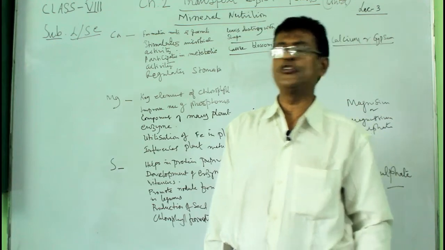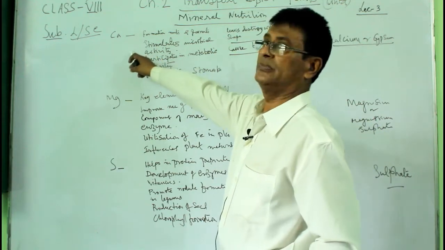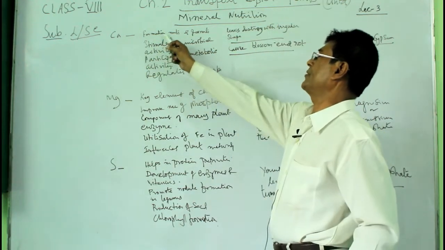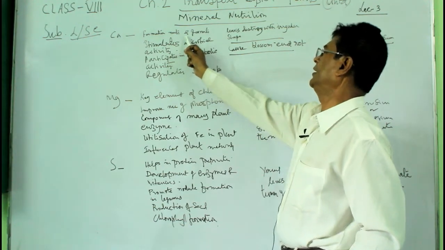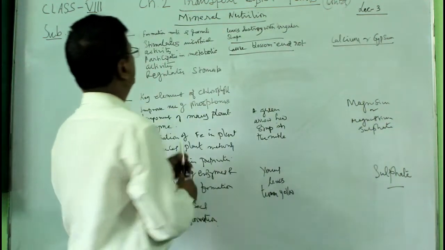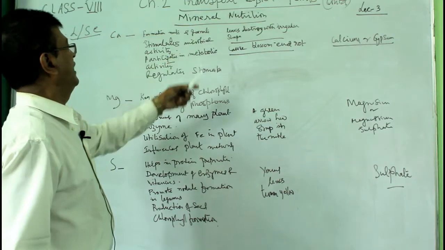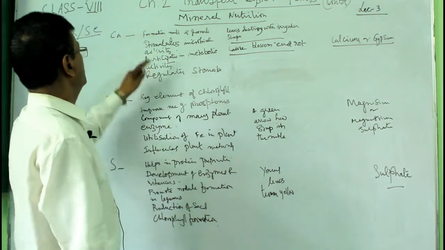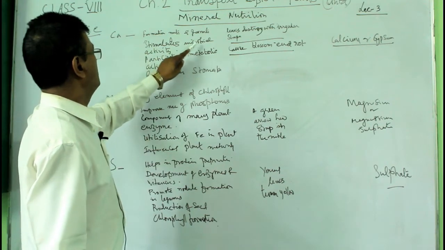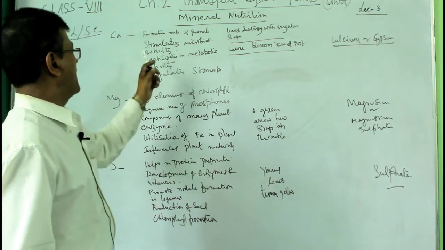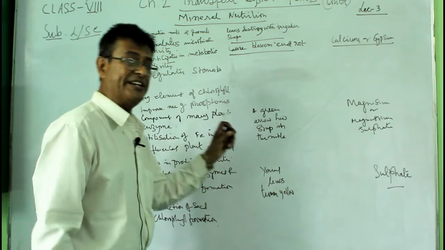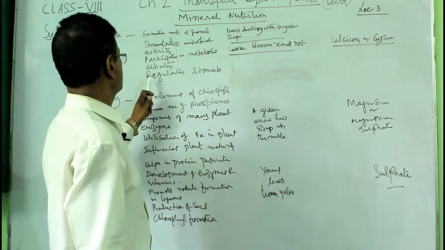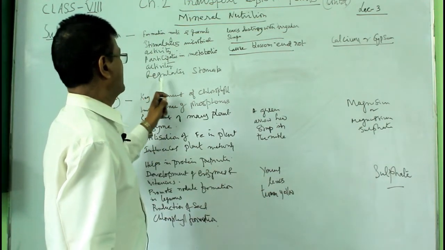The other macronutrient is calcium. In calcium, the formation of the peanuts and nuts is helped, it stimulates the microbial activity, participates in metabolic activity, and also regulates the stomata.